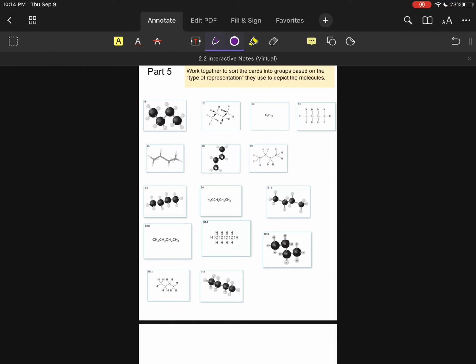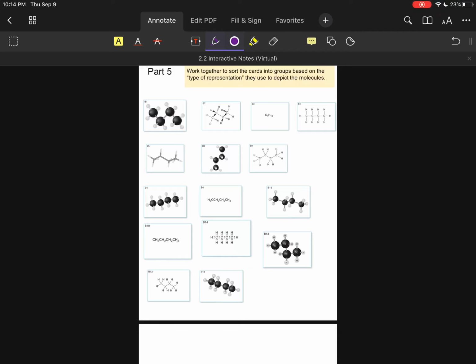You were sorting them any way that made sense to you. I'm going to describe the way that I sorted them, but that may not be the way that you sorted them, and that is perfectly okay. Everybody might sort them differently depending on how you were looking at it.